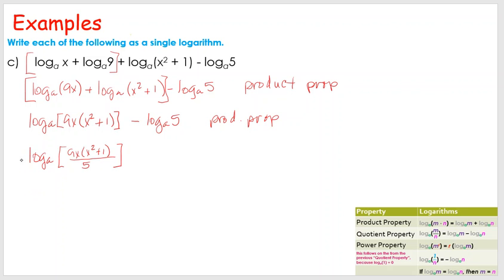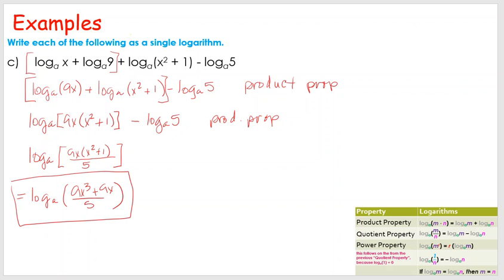And then we can actually go ahead and simplify that even more by saying 9x cubed plus 9x over 5. And that's it. And so this step right here, I use the quotient property.